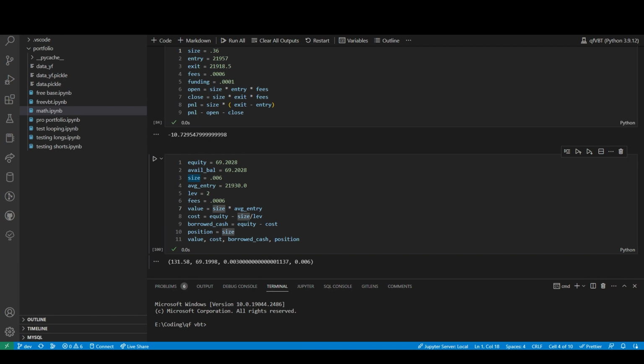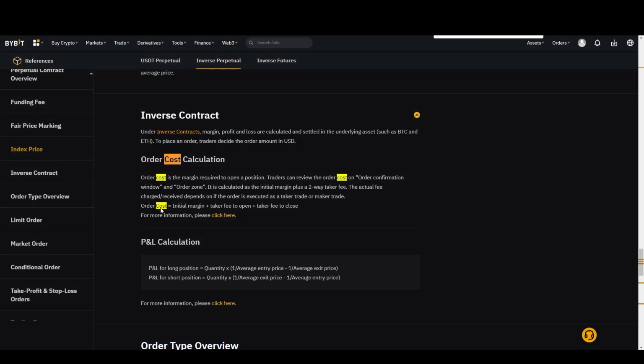It says here, order cost equals initial margin plus taker fee to open plus taker fee to close.